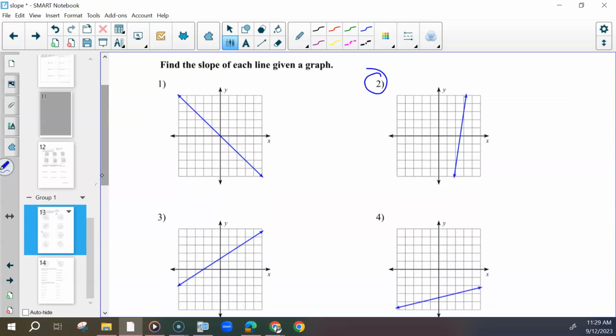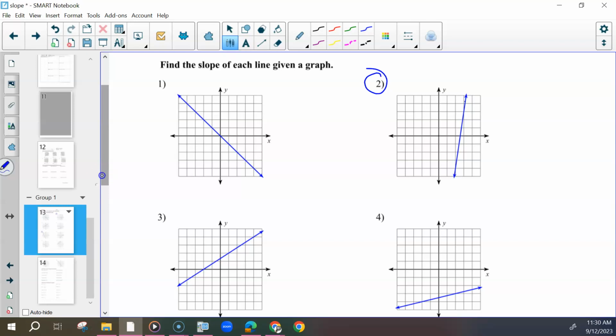Alright, so number 2, we have to find points that cross the grid lines exactly. So, where does this line cross the background grid lines exactly? Tell me that ordered pair. Where would that be? Not 4 on the X or 4 on the Y. Oh wait, is that 1, 2, 3, 4?